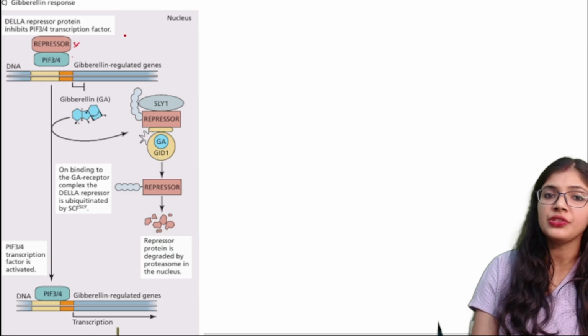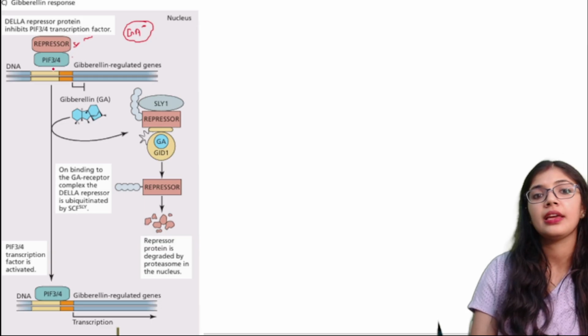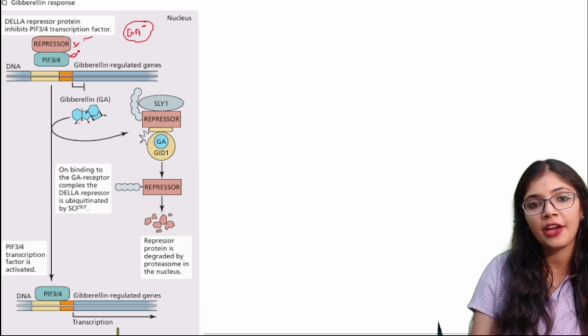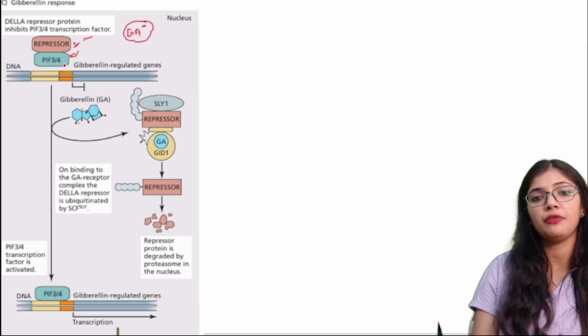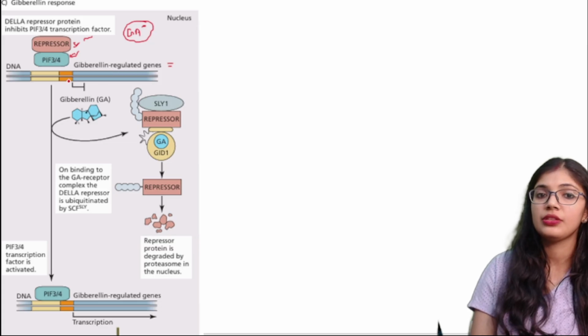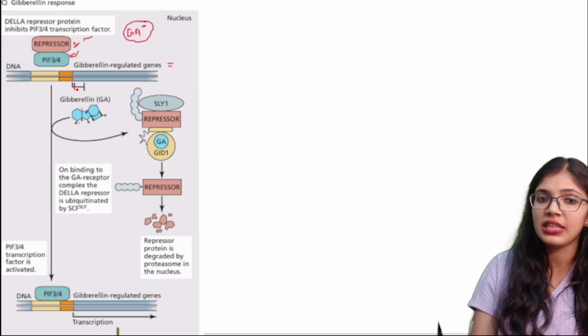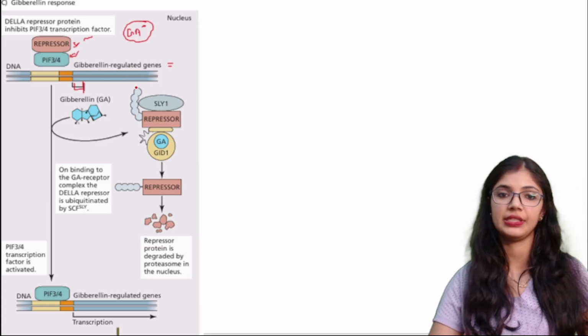In the absence of gibberellic acid, the repressor binds with this PIF3/4. Due to this, PIF3/4 cannot activate the gibberellin regulated genes. So due to this repressor, there is inhibition of the gibberellin regulated genes.